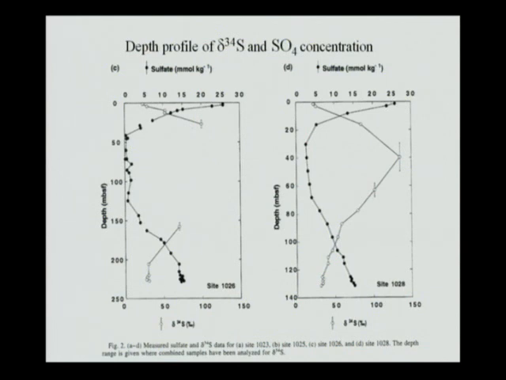You see, it's not quite, but there is an element of symmetry. So it means that there is water with high sulfate concentration that flows below the sediment, in between the sediment and the basement. And this was a surprise.